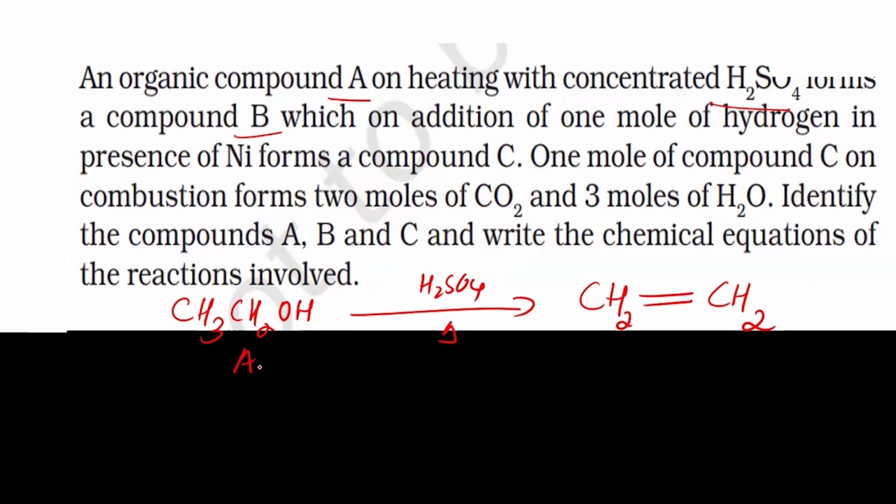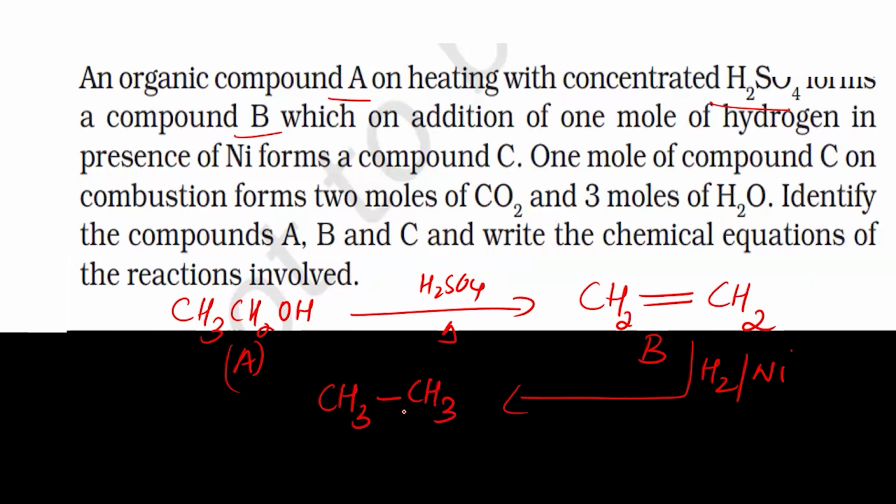This is A and this is B. B, when treated with hydrogen in the presence of nickel, you will be getting what? CH3CH3, that is C2H6. This is C. And the chemical equations, you have to write down one by one. And C2H6 is treated with what? Combustion. Undergoing combustion means oxygen, right?